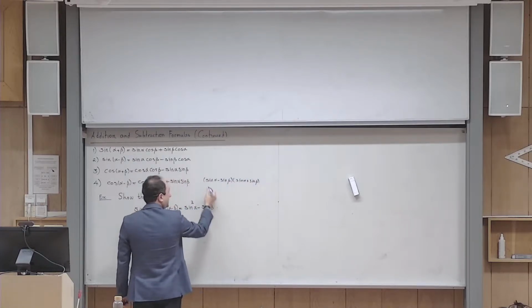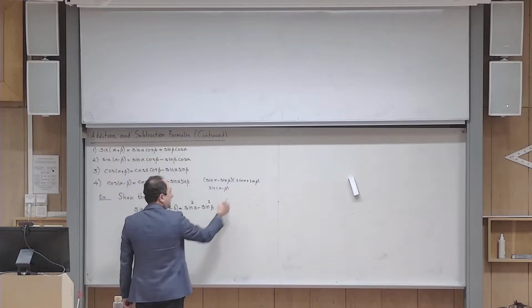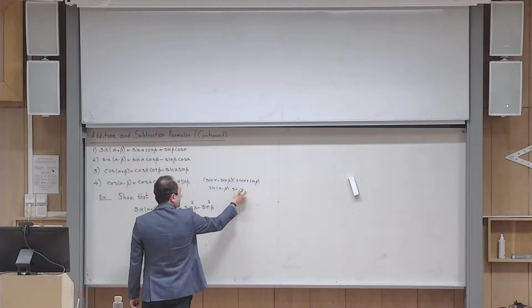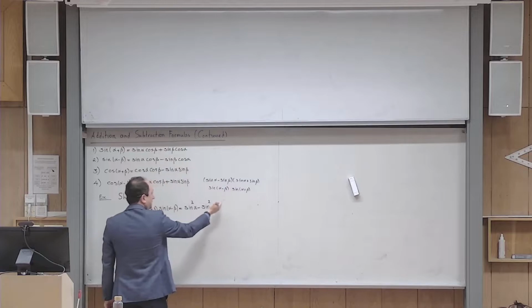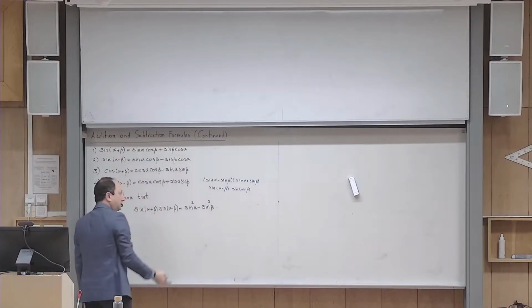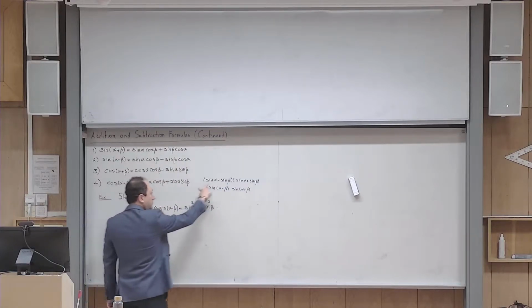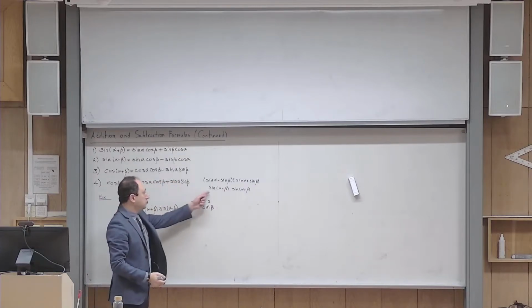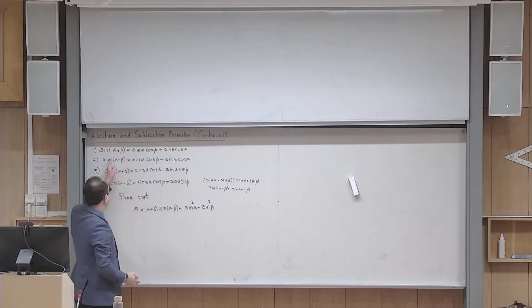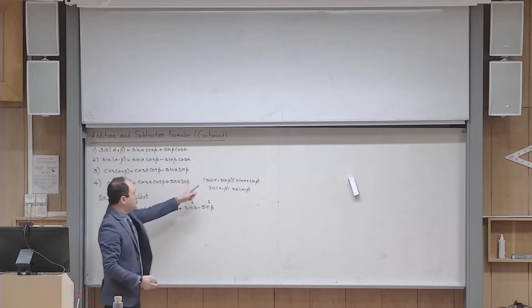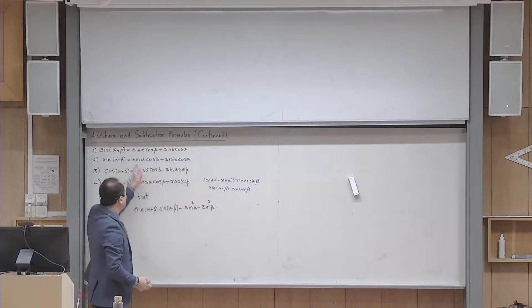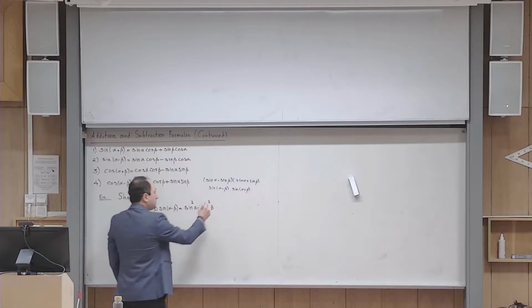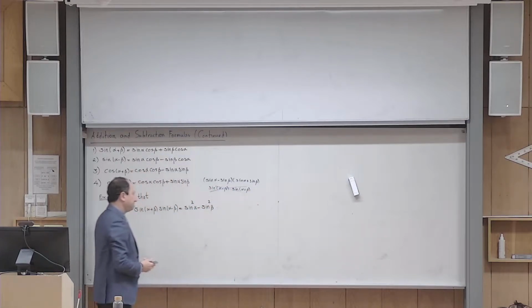And then mistakenly they assume that they can factor sine out and write minus this one, and they think they have reached from the right-hand side to the left-hand side. But of course, the first step is completely valid, but the second step is totally wrong. As I told you before, the formula of sine alpha minus beta is not simply sine alpha minus sine beta, it's more complicated. So this is not correct.